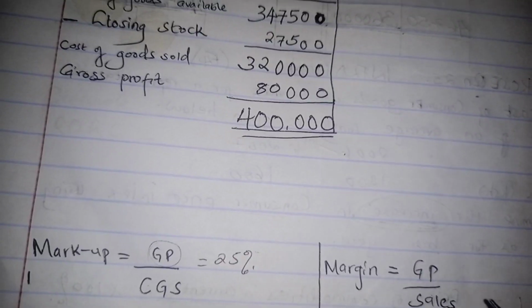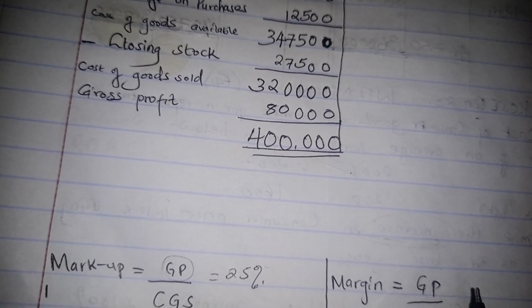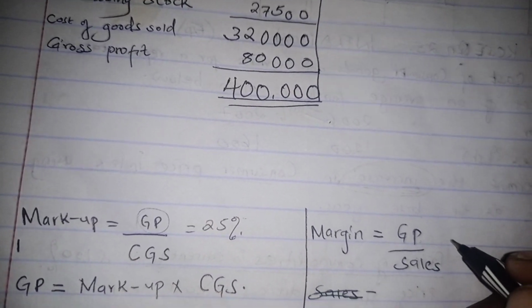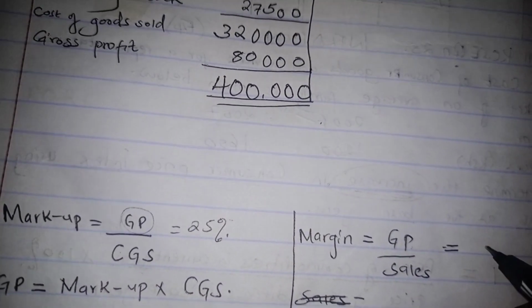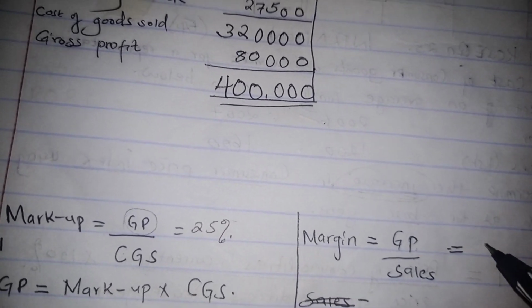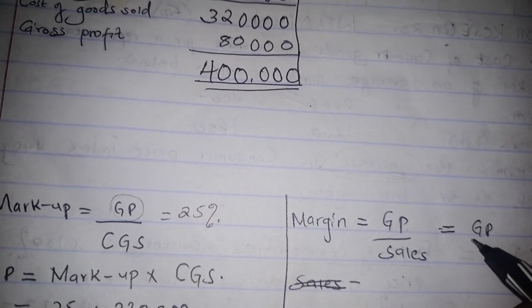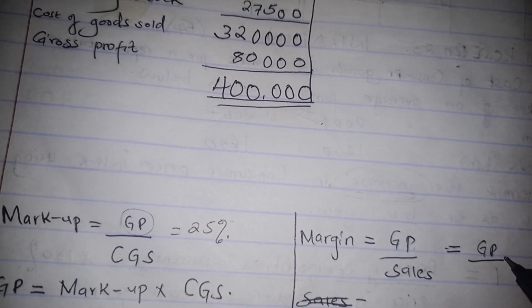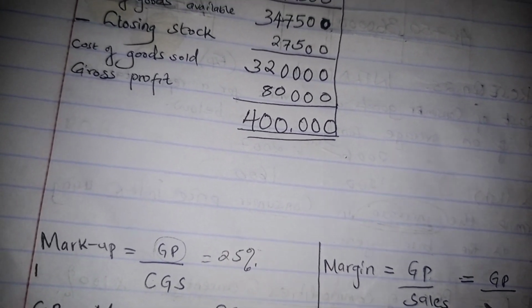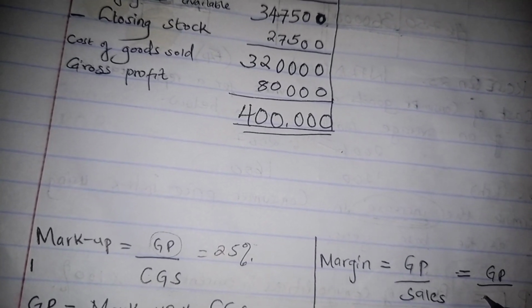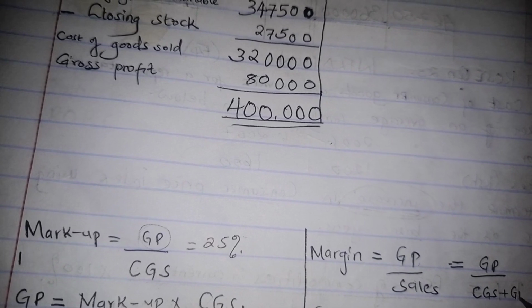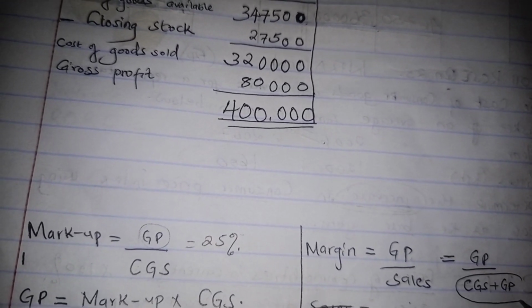And if you remember the relationship between the markup and the margin, margin can also be given by gross profit divided by cost of goods sold plus gross profit. Why am I saying this?